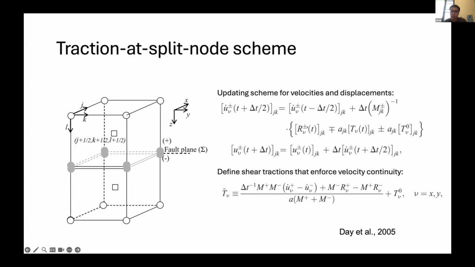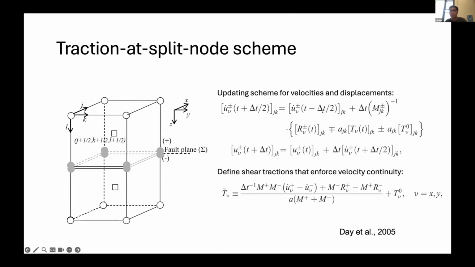So when I was working on it, I needed to go back to Professor Steve Day's 2005 paper. In his paper, he has this formula to describe how the nodes should evolve, or let's say how the velocities and displacements of these nodes should be updated as the simulation marches forward.